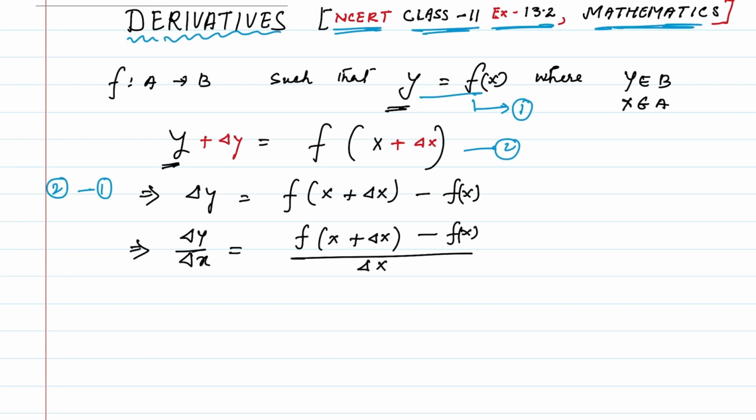Here del y is the increment in y and del x is the increment in x. Hope you have understood this.